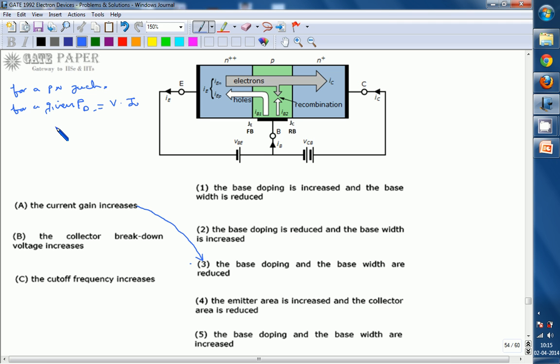If the rated power dissipation is constant, you can increase the breakdown voltage by reducing the collector current. So PD maximum can be written as breakdown voltage at collector into collector current.